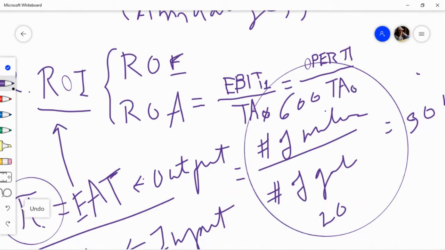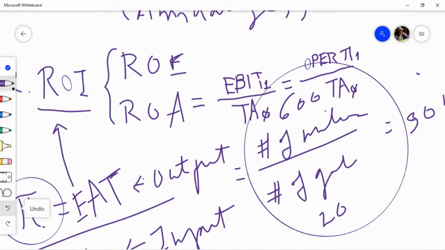Now think about it. The profit is the result of the workings of the original total assets at time 0, because total assets at time 1 is not the input for profit at time 1. Total assets at time 1 will be the input for output at time 2.